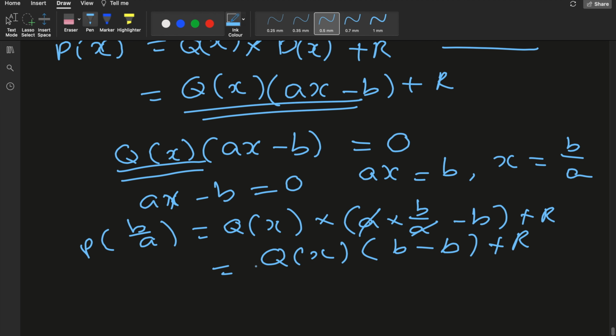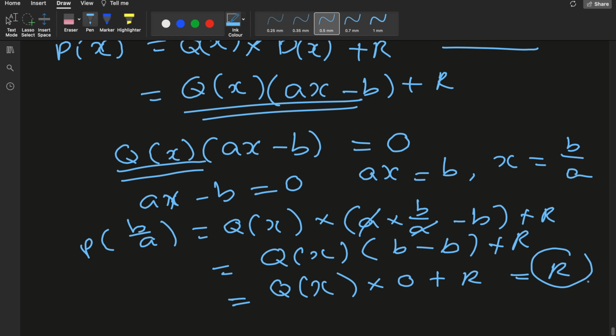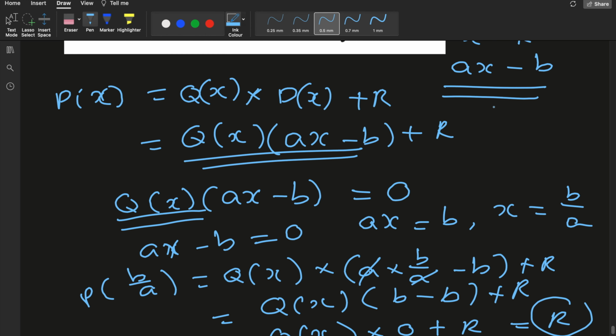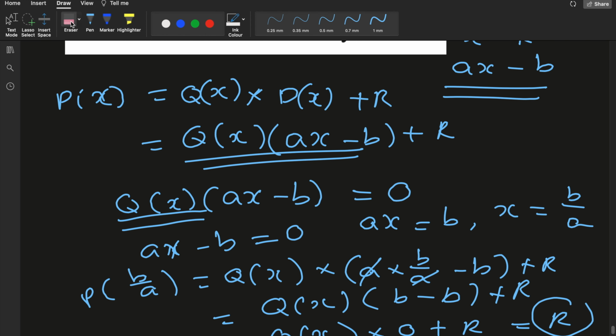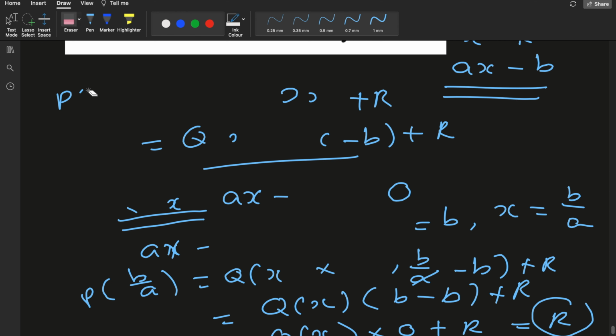So we get q of x into 0 plus r, which is r. So we do get the remainder. So when it's in the form of ax minus b, you have to use the formula p of b by a. So yeah. So now let's solve this question.